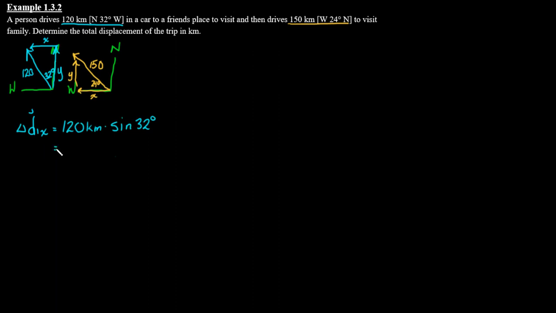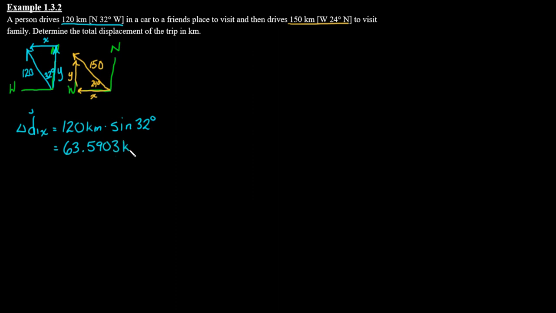That will give us our x component for that vector. If I type that into my calculator, I get 63 point, I'm going to carry a few extra decimal places and then I will round to significant figures in my final answer. It keeps the answer a little bit more accurate.